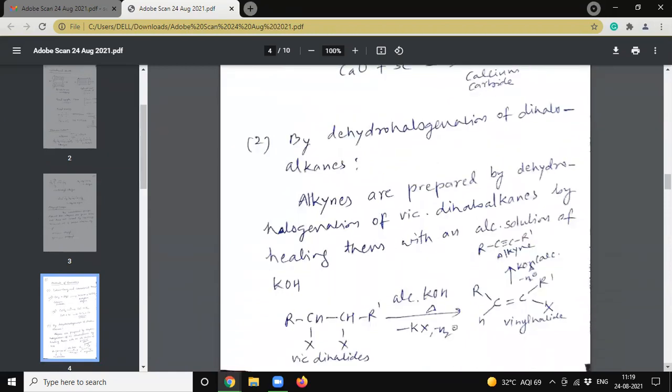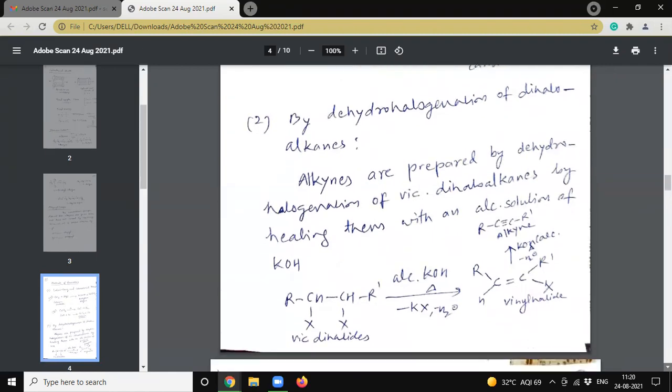Second method, by dehydrohalogenation of dihaloalkanes. Alkynes are prepared by dehydrohalogenation of vicinal dihaloalkanes by heating them with an alcoholic solution of KOH.